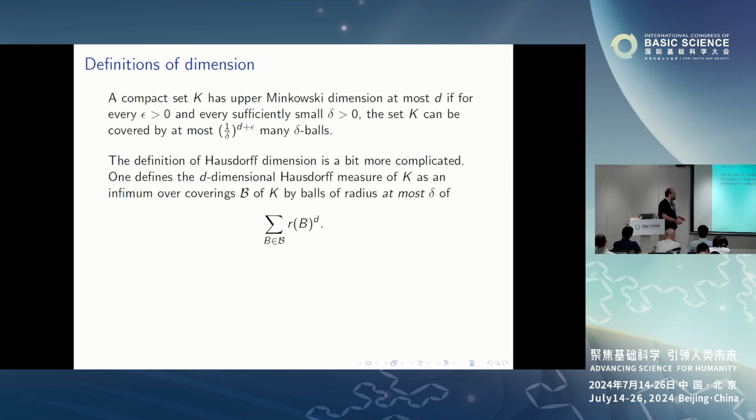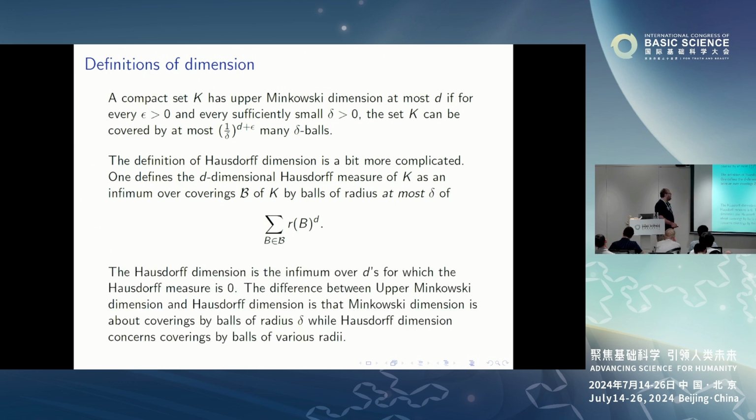Really, if I had prepared these slides properly, I would have named this quantity the d-dimensional Hausdorff measure of K. And then you take the infimum over d's for which that quantity is 0. But the thing that I really want you to pay attention to for the rest of this talk is the difference between upper Minkowski dimension and Hausdorff dimension.